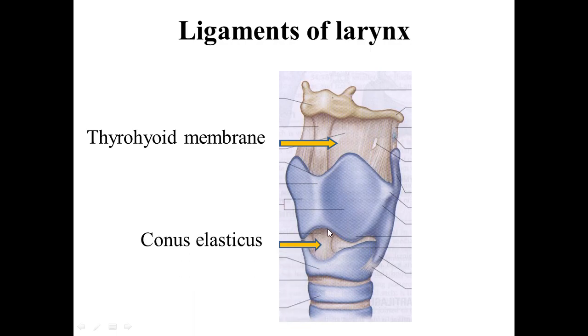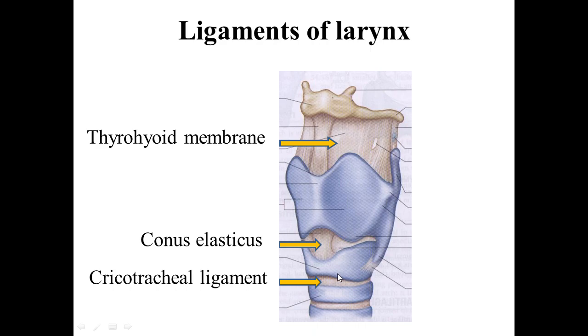Then from the lower border of the thyroid cartilage to the upper border of the anterior arch of the cricoid cartilage, there is a thick fibrous band called the conus elasticus.